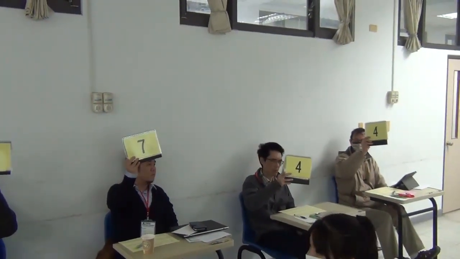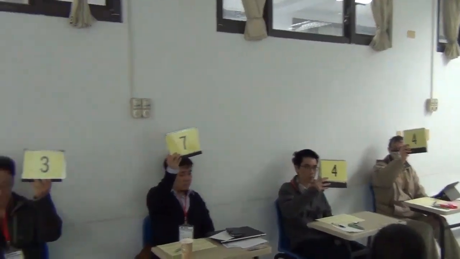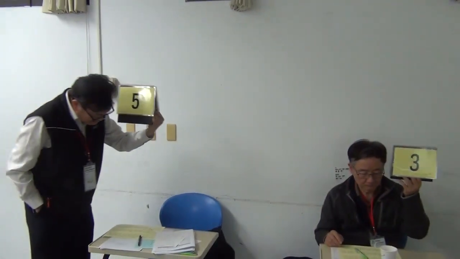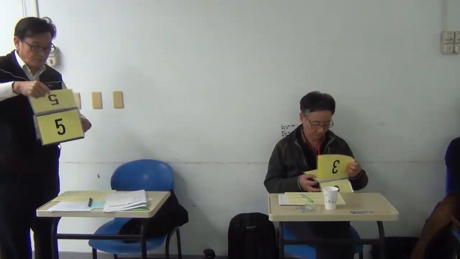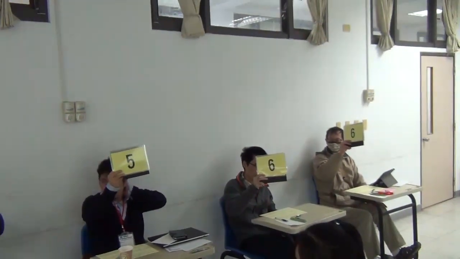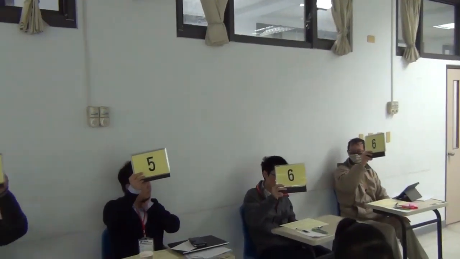Okay, judges, please show the score for the report. 5, 3, 7, 4, and 4. Okay, the score for the opponent. 7, 5, 5, 6, and 6.